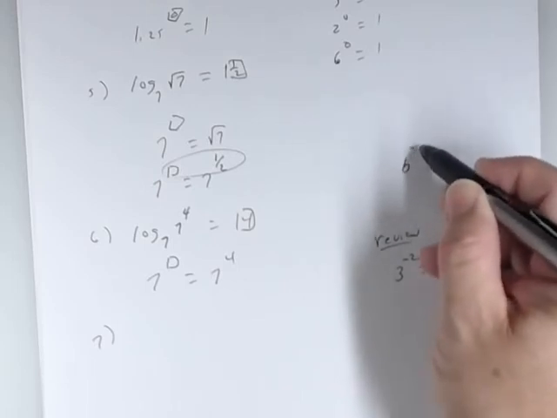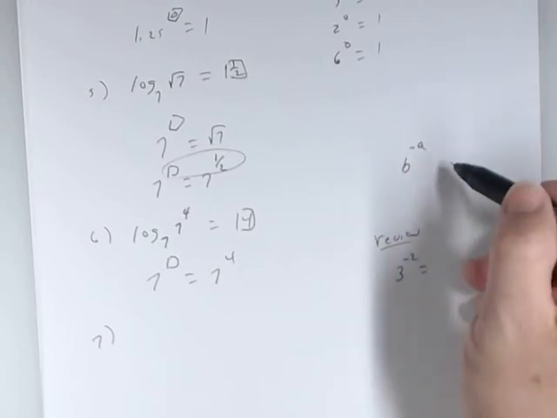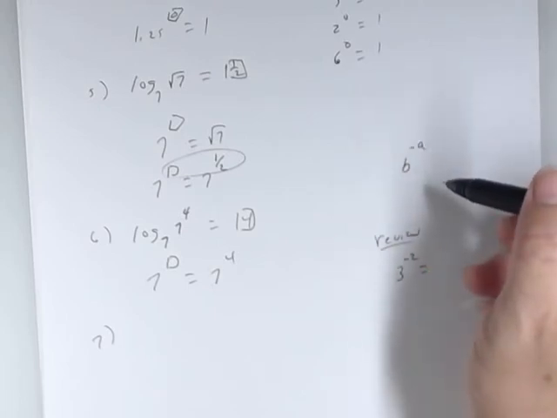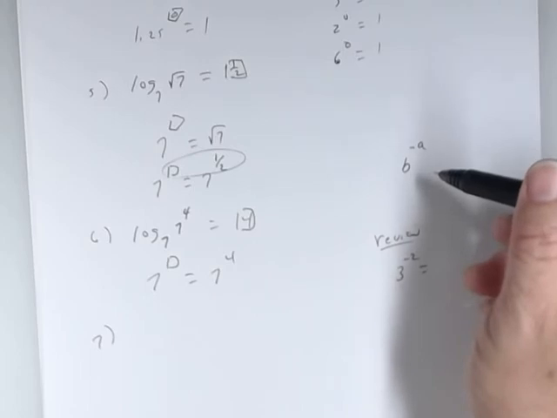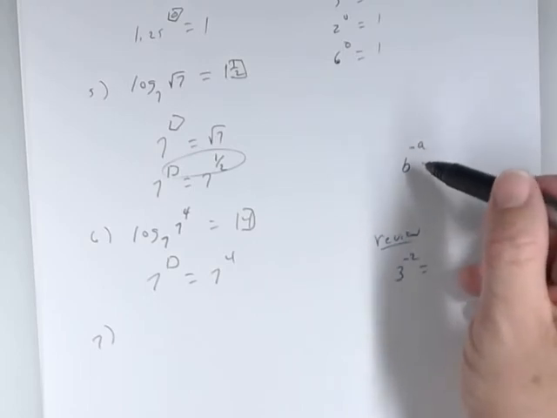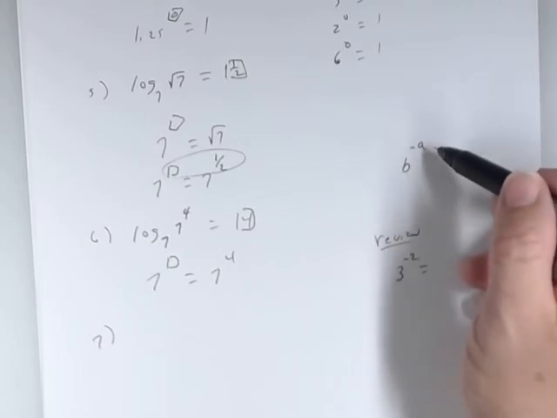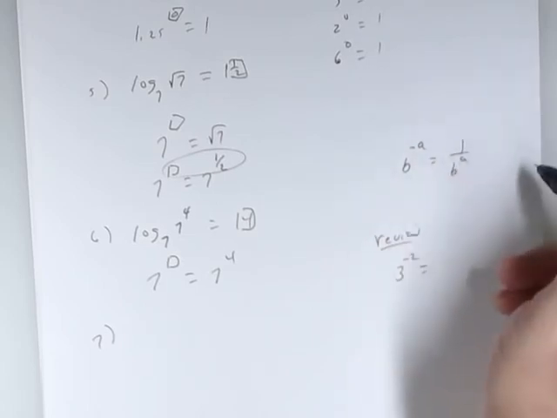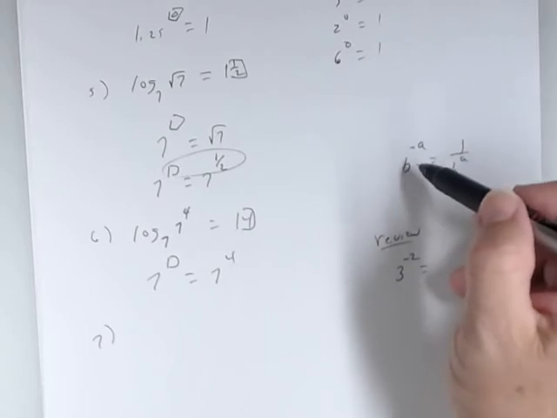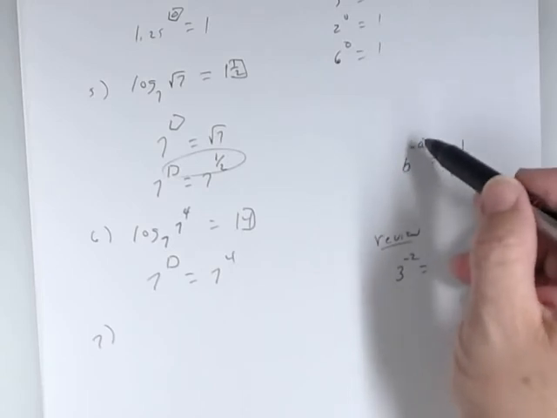B raised to a negative power. One of the things you learned last semester and semester before that was that whenever you have a negative exponent, you need to rewrite it as a positive exponent. The rule said that if you have b to the negative a power, that's the same thing as 1 over b to the a. So this b to the negative a is located in the numerator.